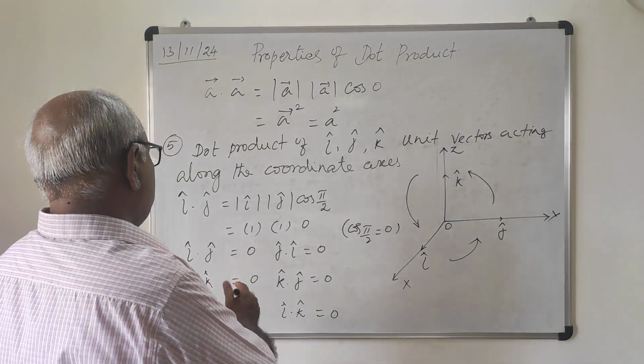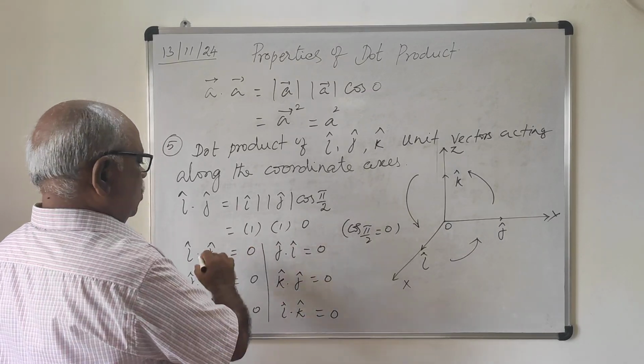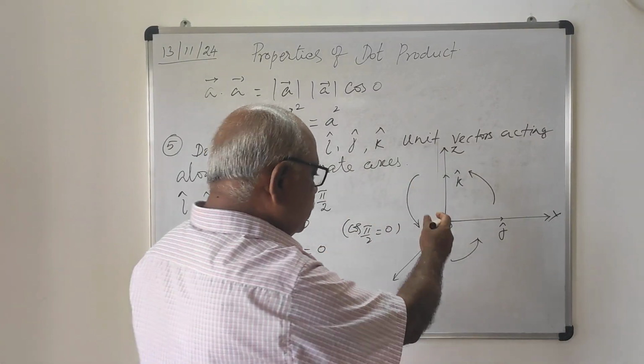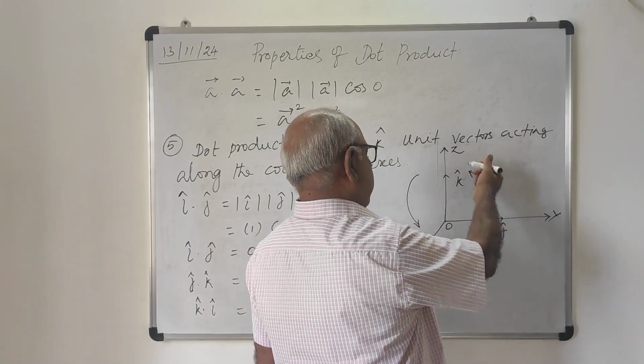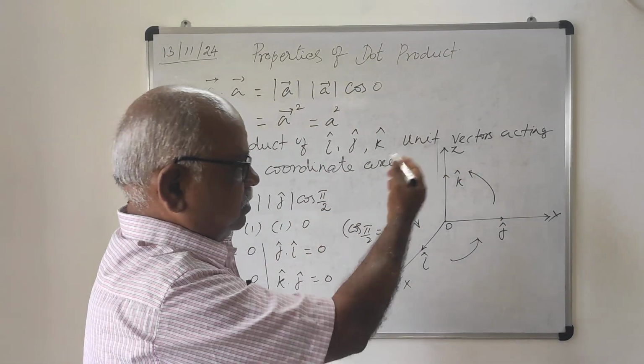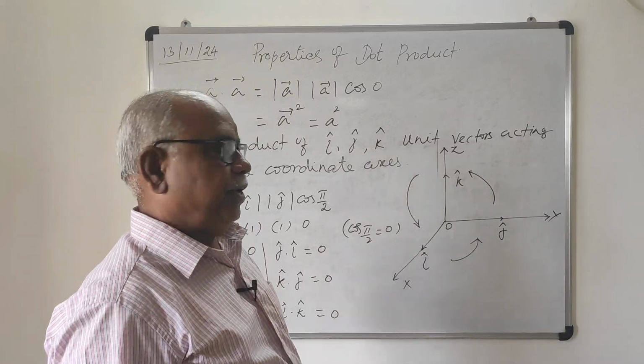So, that's all about the dot product of the different vectors: i dot j is 0, j dot k is 0, k dot i is 0. Similarly, the reverse direction is also 0 because the dot product is commutative.